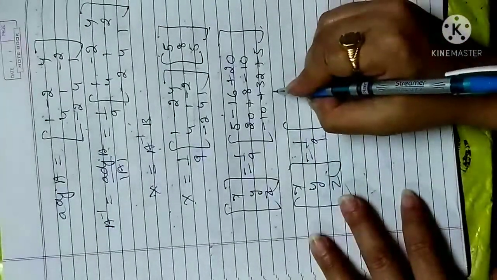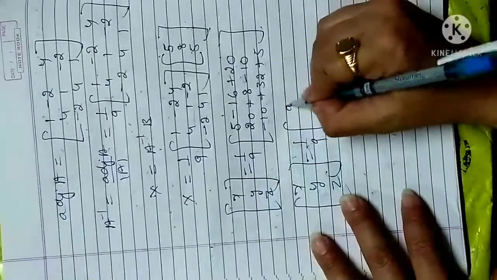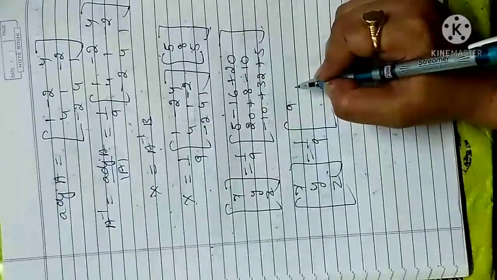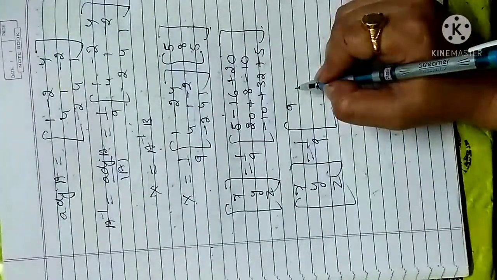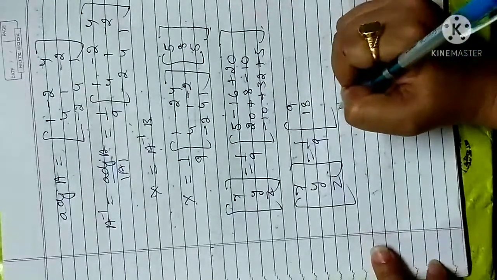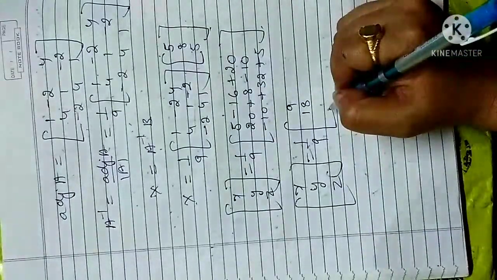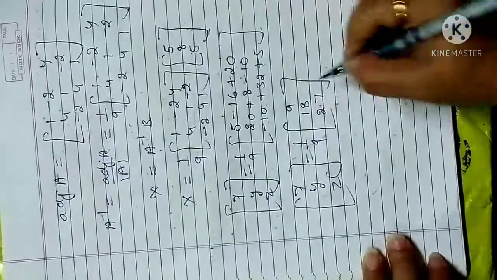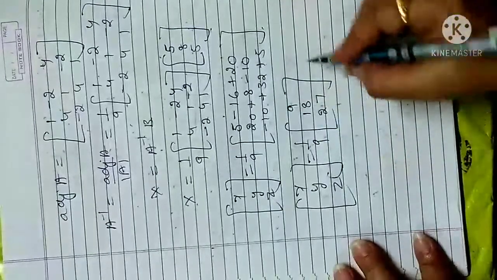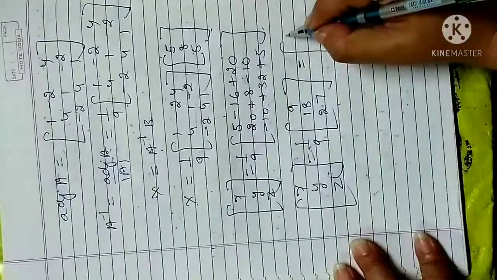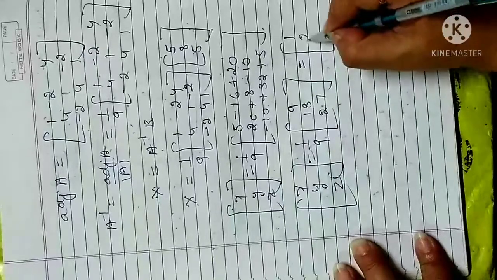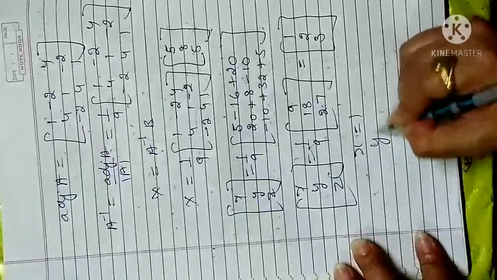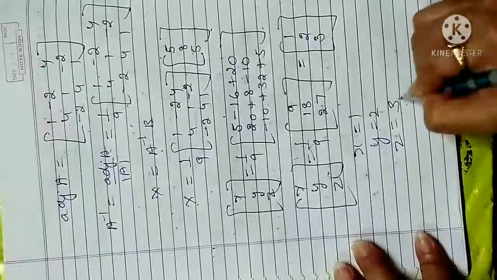So 25 minus 16 gives me 9, and 28 minus 10 gives me 18, and 37 minus 10 gives me 27. Now you can divide each term by 9. When I divide, 9 divided by 9 gives me 1, 9 twos are 18, and 9 threes are 27. So that means my x value is 1, y value is 2, and z value is 3.